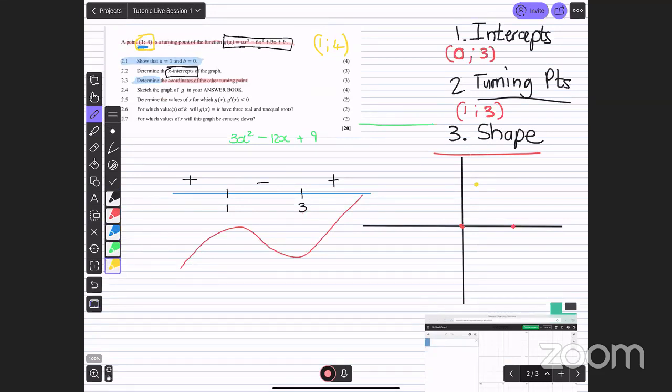And where's the other turning point? What are the coordinates of the other turning point?